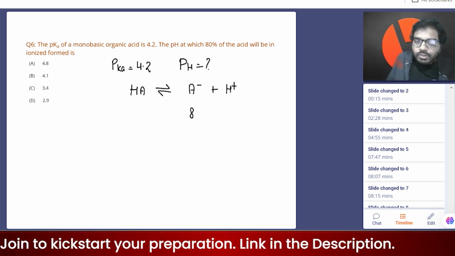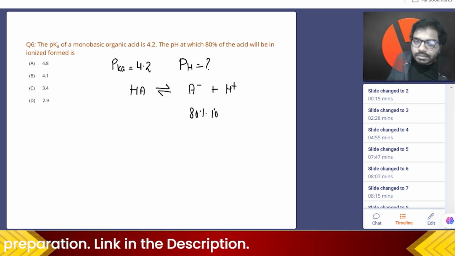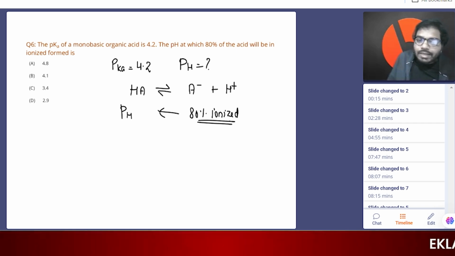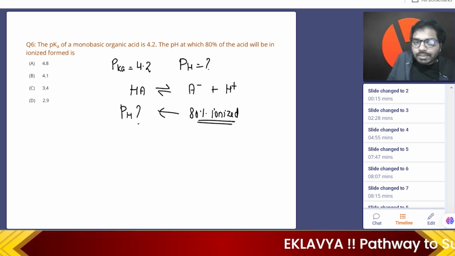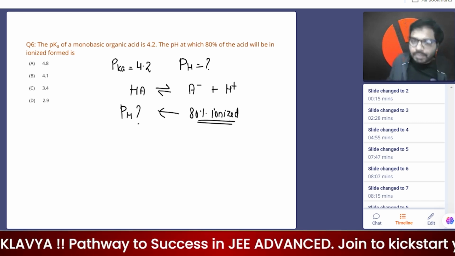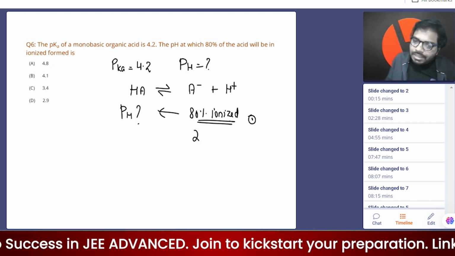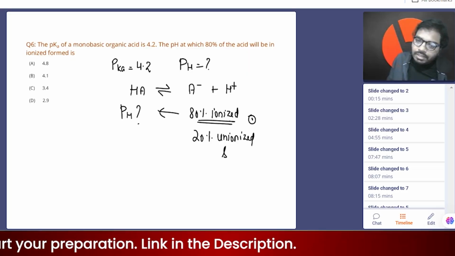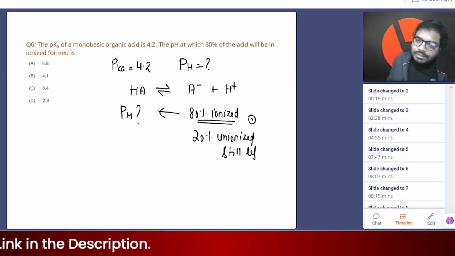What they're saying is that 80% of the ionized form is present. At what pH will 80% of the ionized form be present? We have to find out that particular pH. At that pH, 80% is in the ionized form, so we can say that 20% of the unionized form is still left.